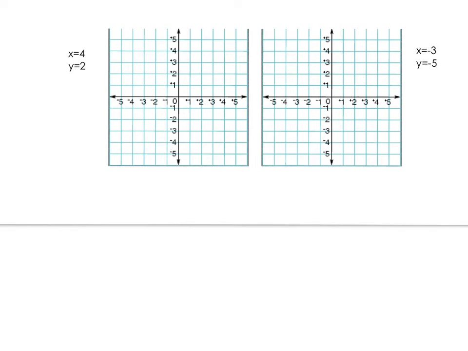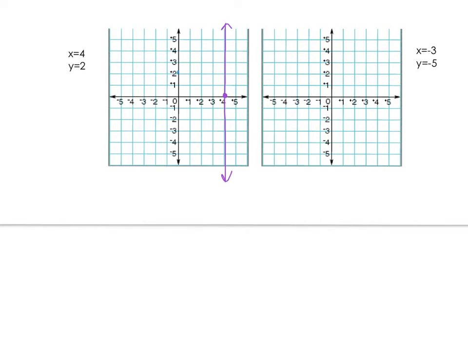Okay, so let's look at a couple more of these. Let's change our pen color out here. Okay, x equals 4. So we put a dot on the x-axis at 4. Draw the line in. Okay, y equals 2.